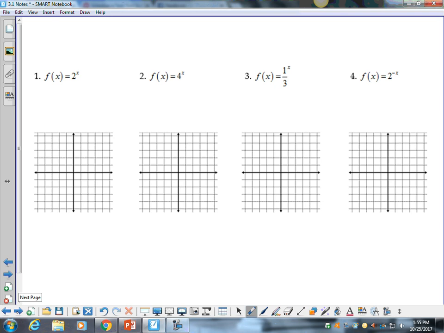Okay. So first, tell me if these are growth or decay. Let's just go G and D. So look at number 1. What is it? Growth. Growth. Decay.